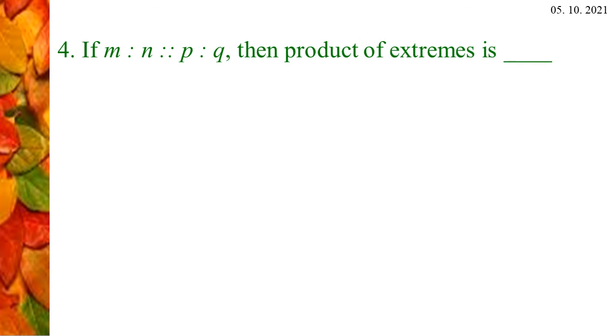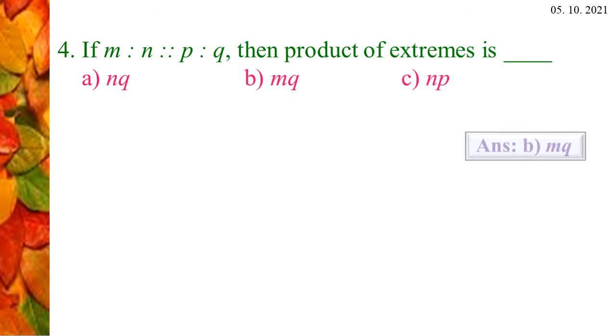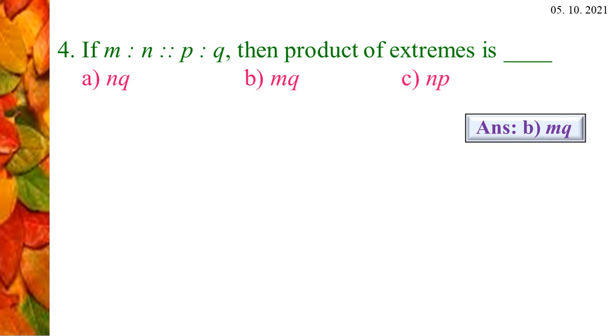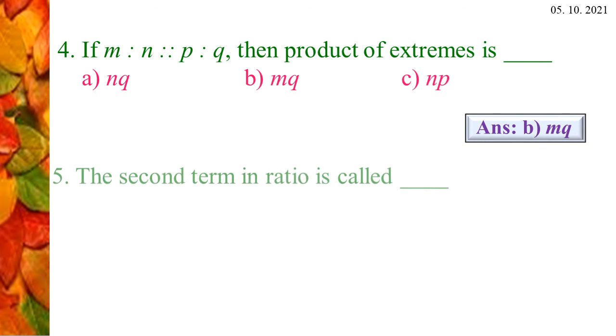Fourth question, if m is to n proportion p is to q, then product of extremes is dash. Option A, nq. Option B, mq. Option C, np. Answer B, mq.